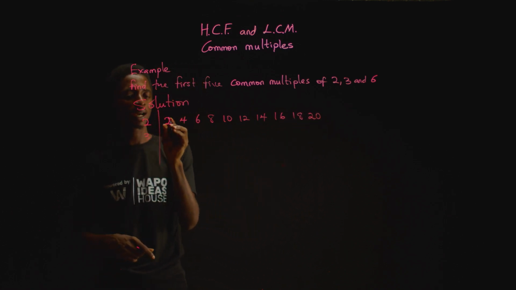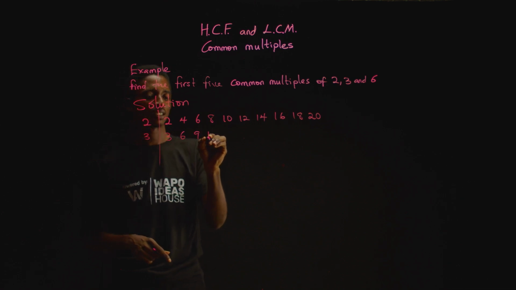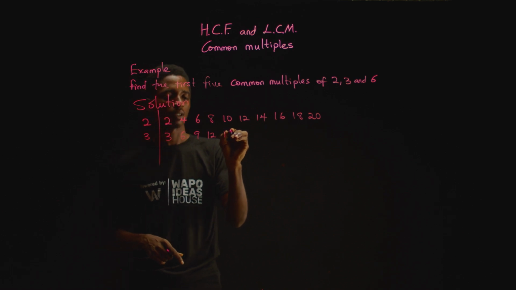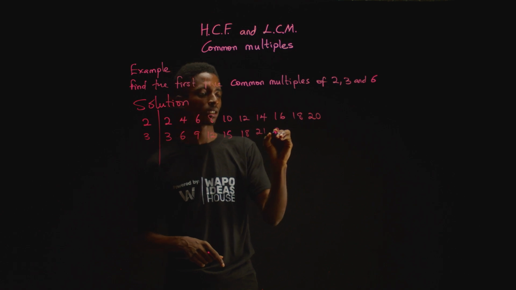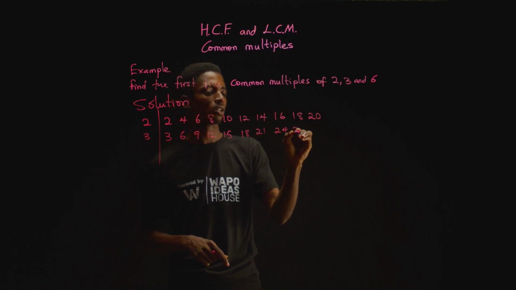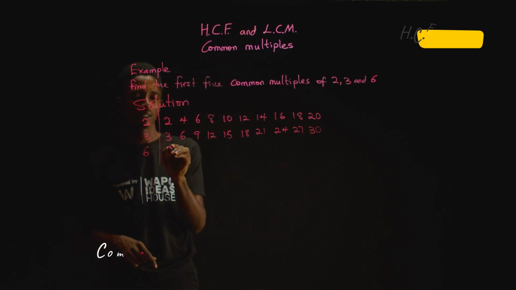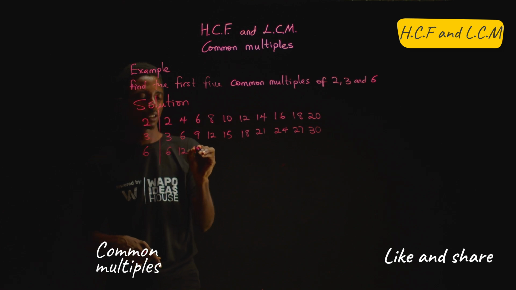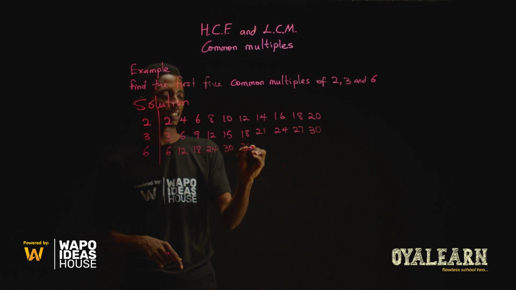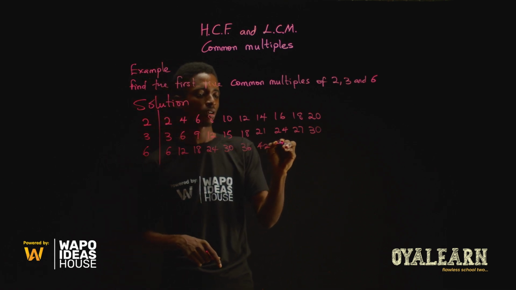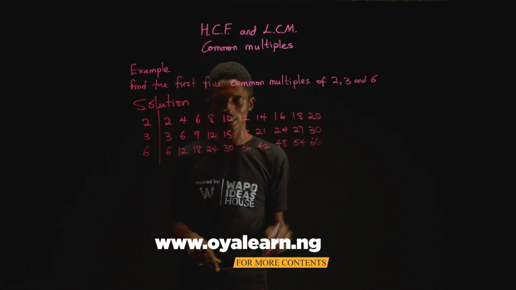And then for 3, we have 3, 6, 9, 12, then 15, 18, 21, 24, 27, 30. And then for 6, we have 6, 12, 18, 24, 30, 36, 42, 48, 54, and 60.